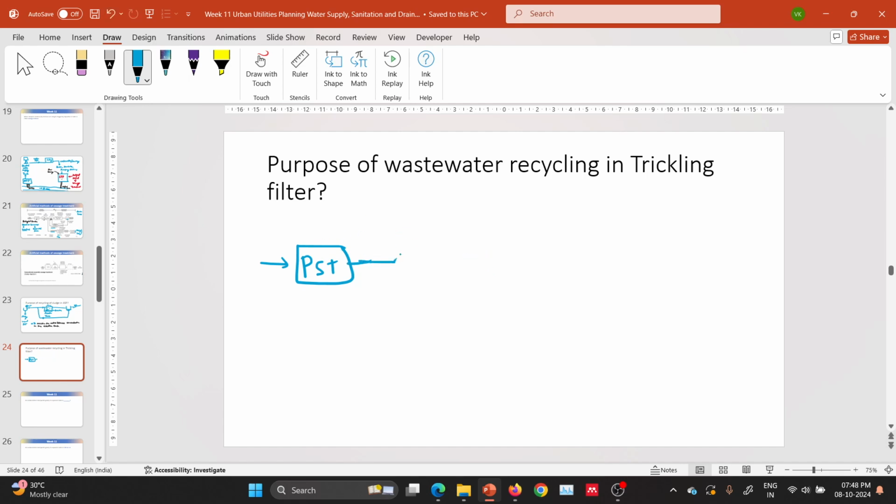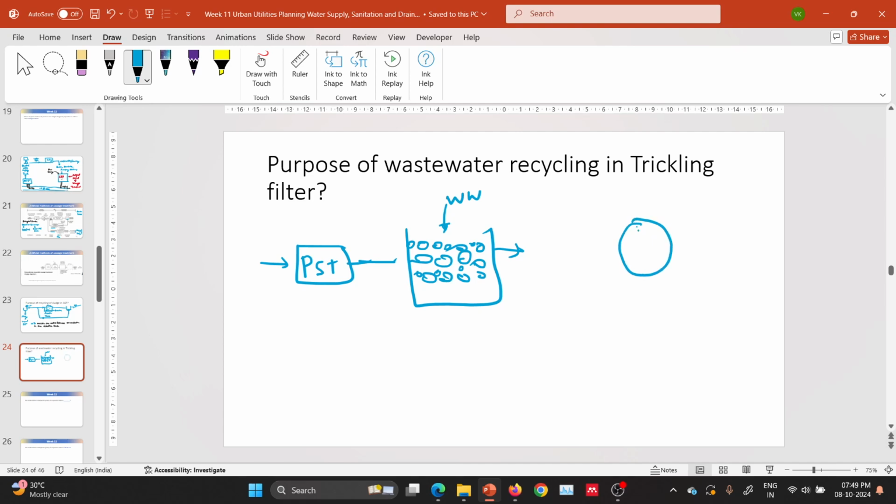The trickling filter is a filter which is made up of media, very fine particles. So the water passes through this bed. Wastewater trickles down through this trickling filter bed, and on the media itself, a layer of biomass forms.